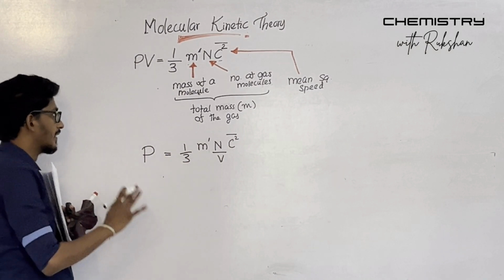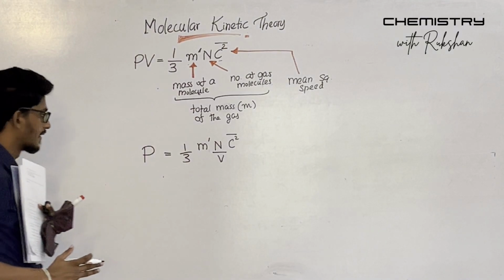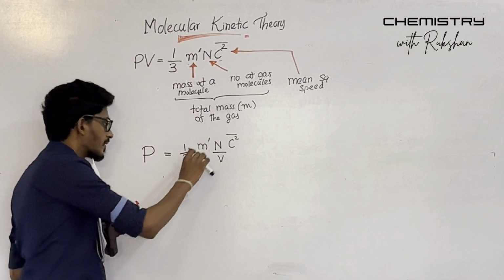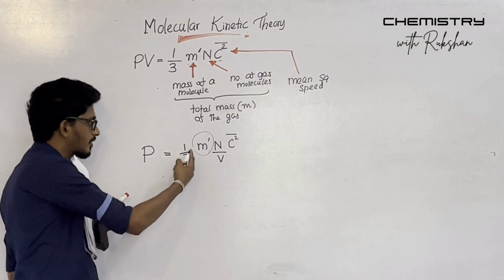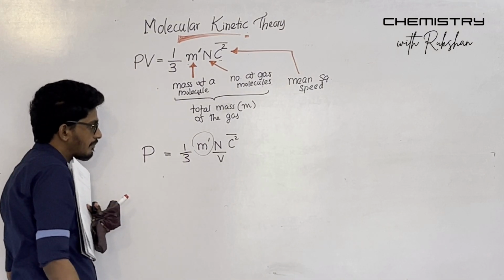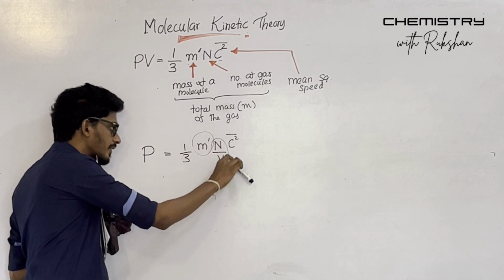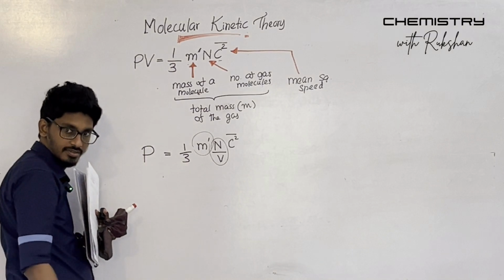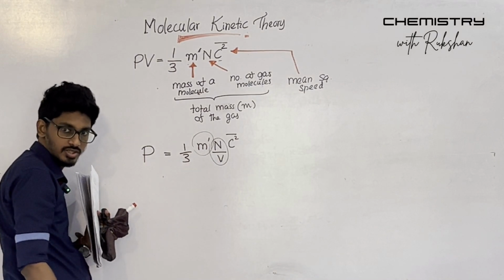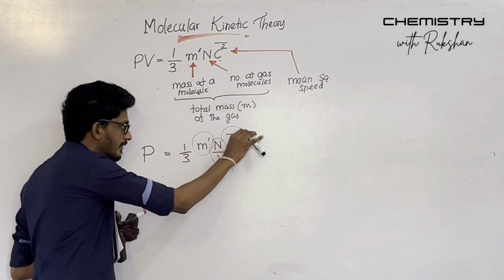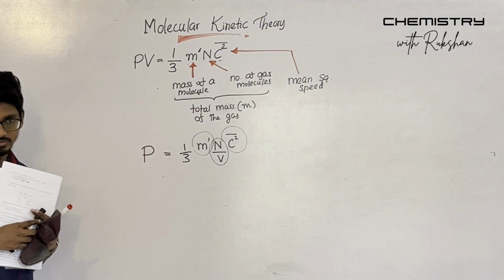So this equation explains the pressure with the use of the mass of a molecule, the concentration of gas, the number of gas molecules in a unit volume, and the mean square speed of the gas, right?